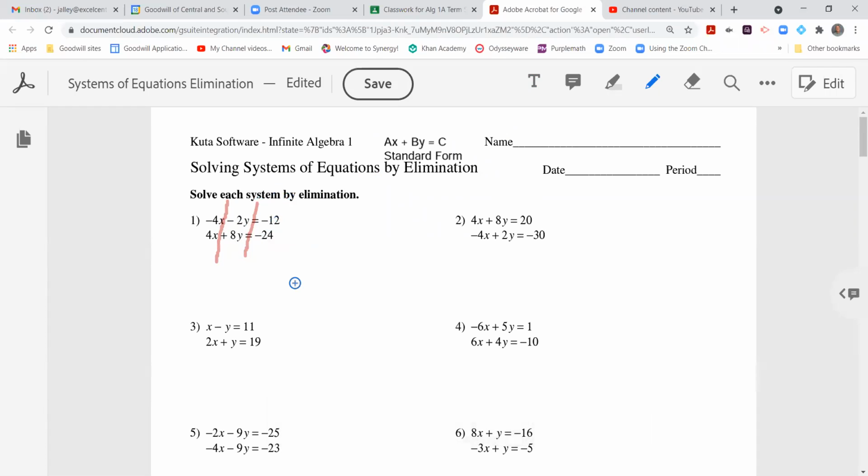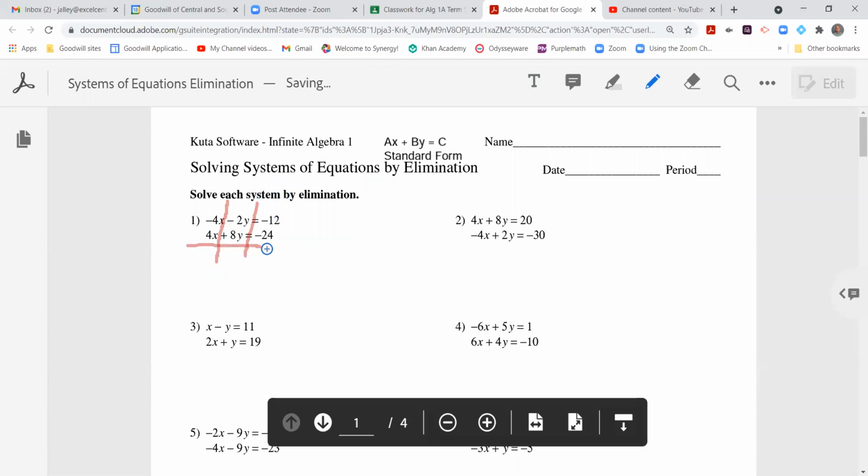Most of the time, it will be somewhat obvious which variable you want to try to eliminate. I think those first four problems, it should be obvious which variable we are going to eliminate.